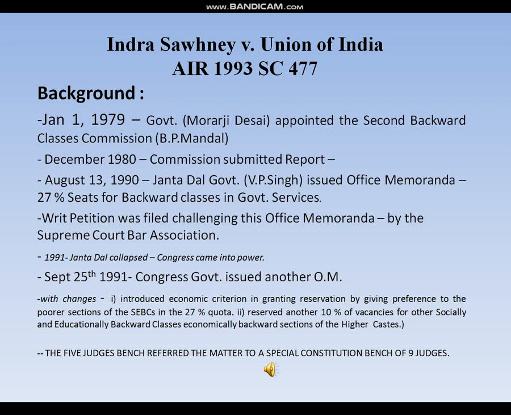That means it granted reservation by giving preference to the poorer sections of the socially and educationally backward classes within the 27% quota, and it reserved another 10% of vacancies for the economically backward sections of higher castes. So these 2 changes were made by the Congress government. The economic criteria was introduced at this point of time.